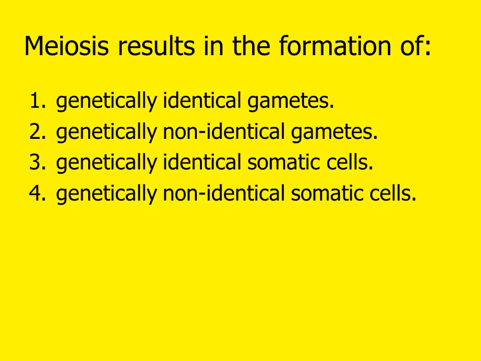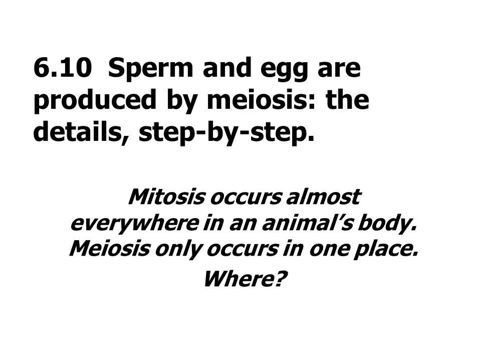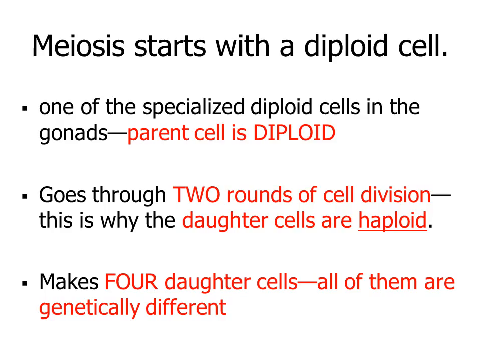So those are going to be meiosis, but those somatic ones are going to be mitosis. So remember that from the beginning. Alright, so your gonad cell is going to make the sperm or the egg. I apologize. The gonad cell is the parent cell that's going to make the sperm and the egg. So the gonad cell is diploid, and then it goes through the 2 rounds of cell division to make these haploid daughter cells. Those are the sperm and egg. And then they're all genetically different.